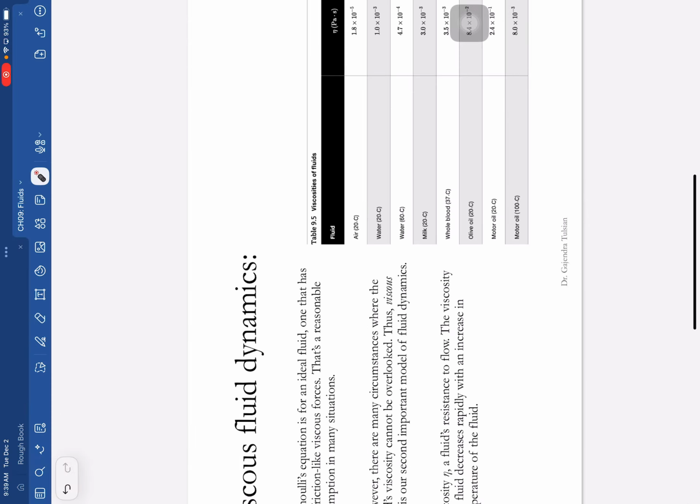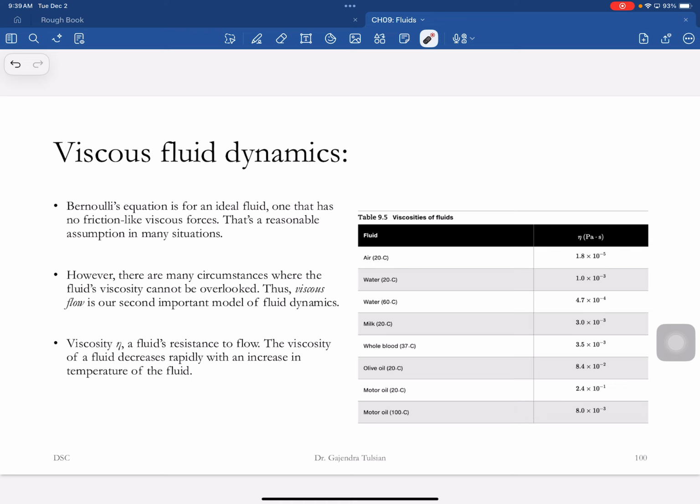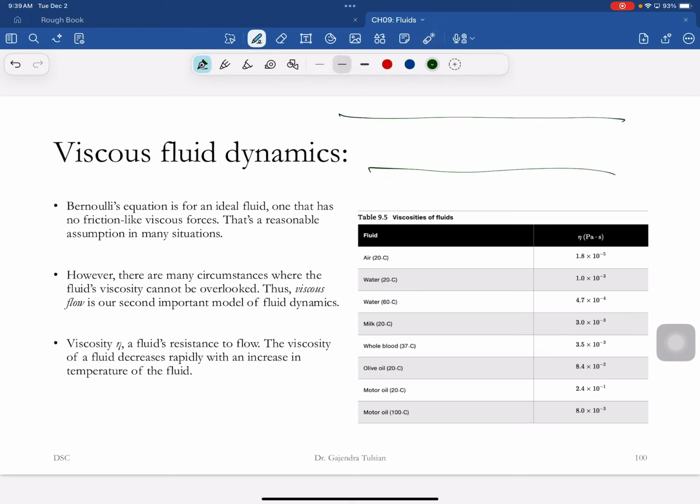So when viscosity decreases, it's easier to pump a fluid. For instance, if you wanted to pump honey from the ground level to a tank up there, it's much harder to pump honey than water, of course. And this happens in real life. When they pump oil in Alaska, it's cold, and when the oil gets cold, the viscosity is quite high.